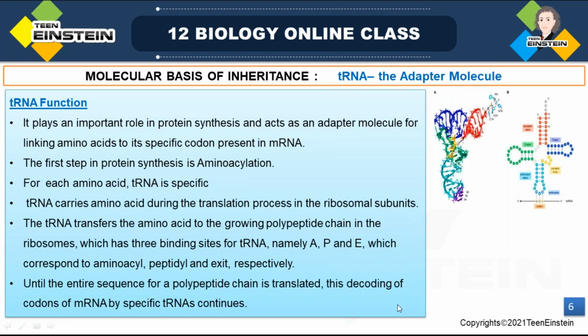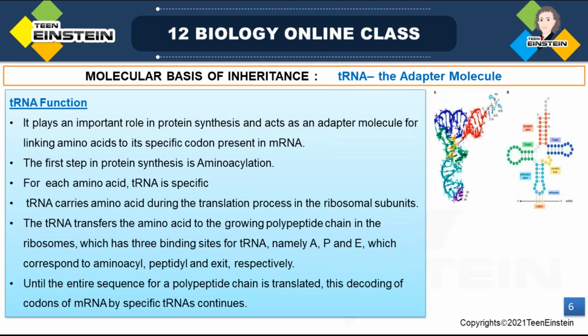Next, the decoding of the codons of mRNA by a specific tRNA will continue. Up to which level? Until the entire sequence of the polypeptide chain is translated. Until the whole polypeptide chain is translated, the decoding of that mRNA with the help of tRNA will continue.